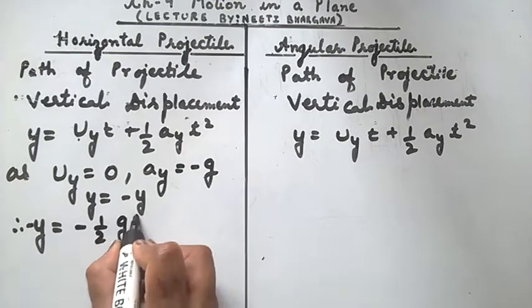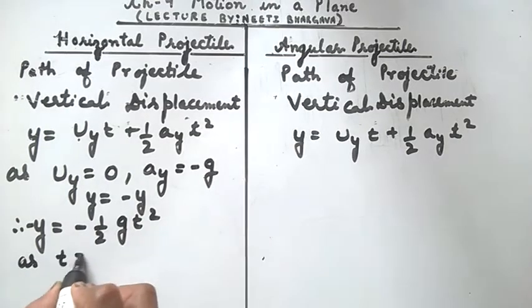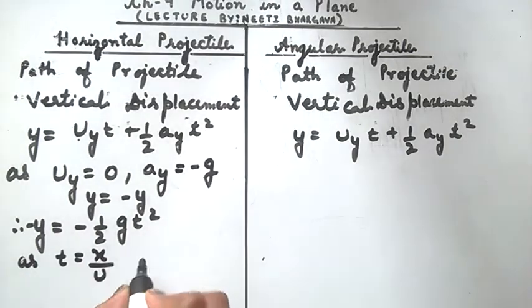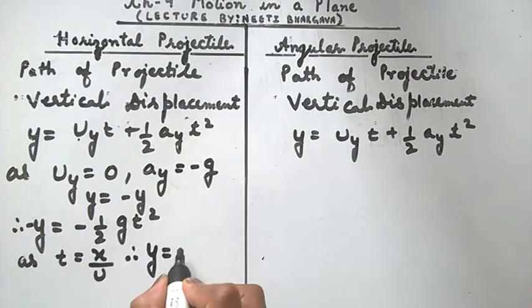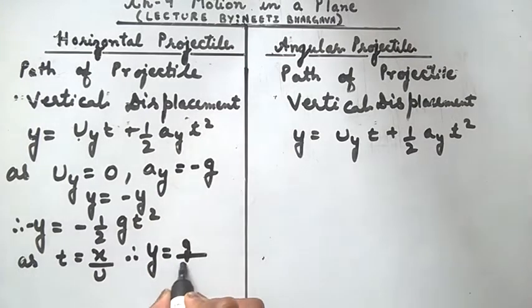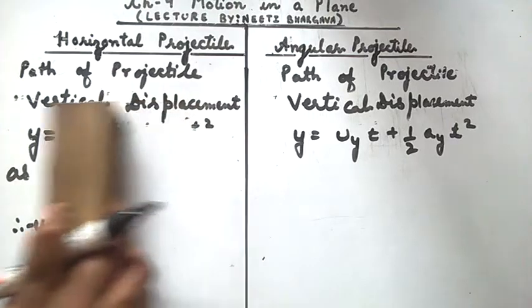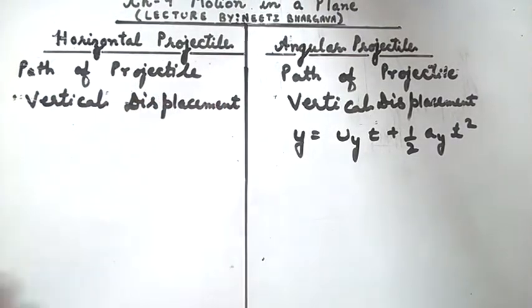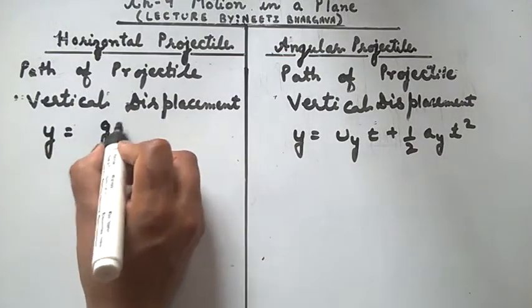Now, on substituting t as x by u, minus and minus will cancel out, y is equal to g by 2 x square by u square. Here u and g are constants and 2 is also a constant, therefore we can write y is equal to g x square upon 2u square.